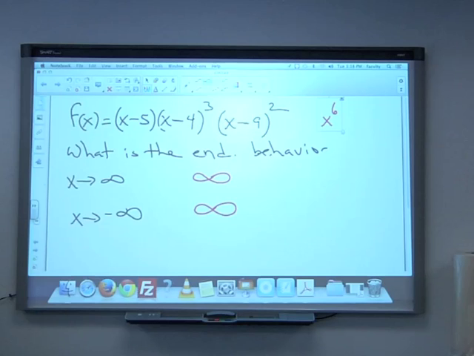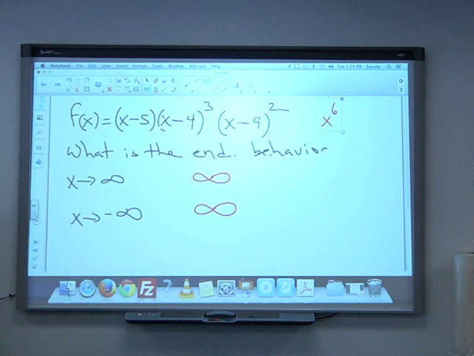The exponent would be positive, yes. If it was a negative exponent, would it be going into negative infinity? No, that's not what a negative exponent means. Oh, if it's a negative coefficient? If it was odd, the behavior switches.